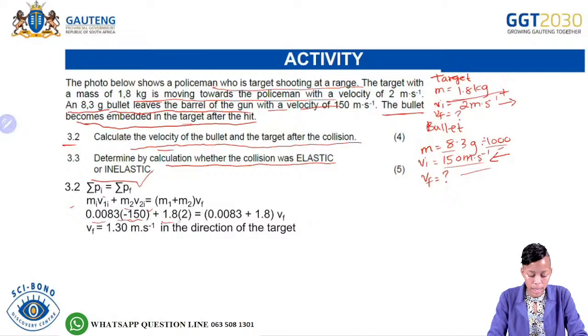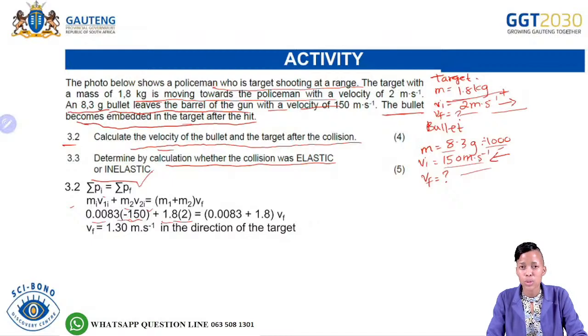Our initial velocity for the target was 2 meters per second, moving to the right. Whatever is moving to the right, we write as positive, so that is why our initial velocity is +2.